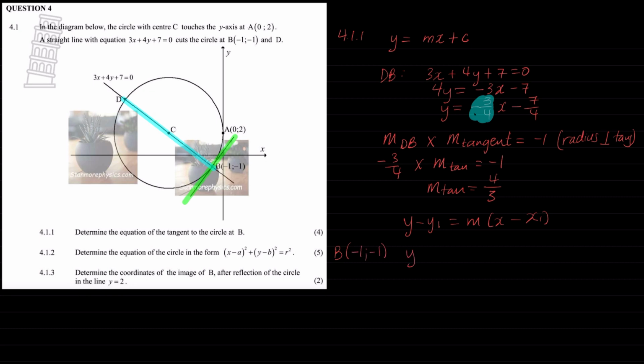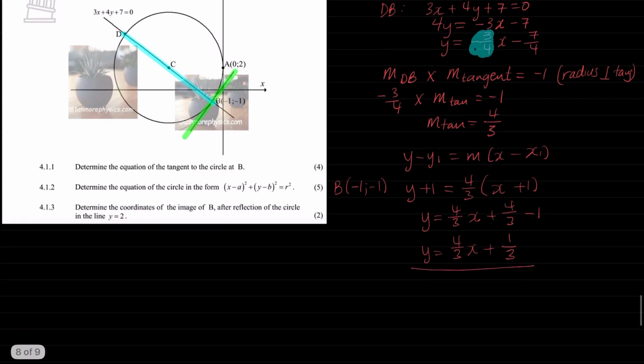So y plus 1 is equal to 4 over 3 into x plus 1. Then y is equal to 4 over 3x plus 4 over 3 minus 1. y is equal to 4 over 3x plus 1 over 3. And that's our equation.